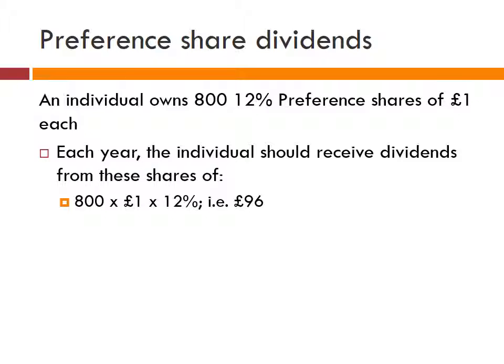So that's 12 pence per share. This individual has got 800 shares, so it's going to be 800 multiplied by 12 pence per share, or £96. So we can see there that calculating the dividends payable on a preference share is very straightforward. And that brings us to the end of this short video on company shares.